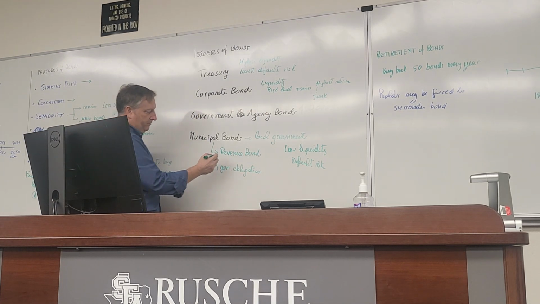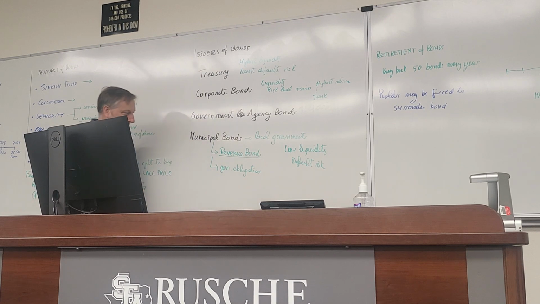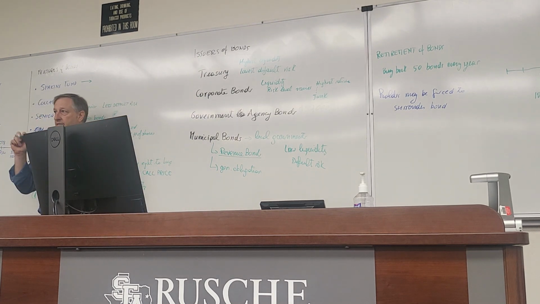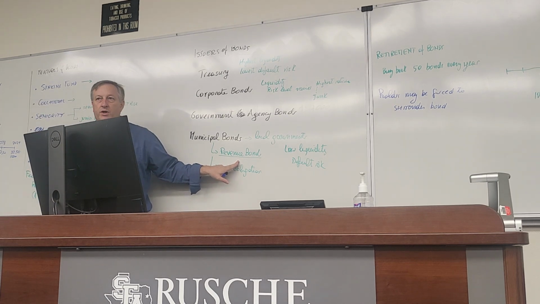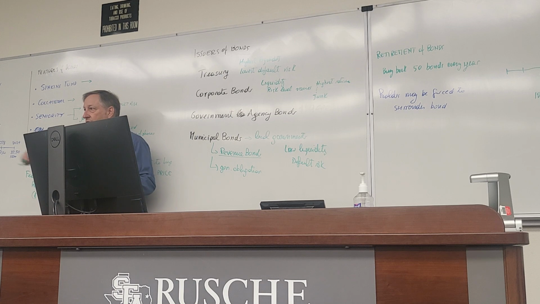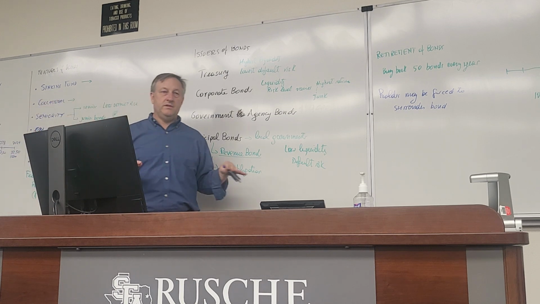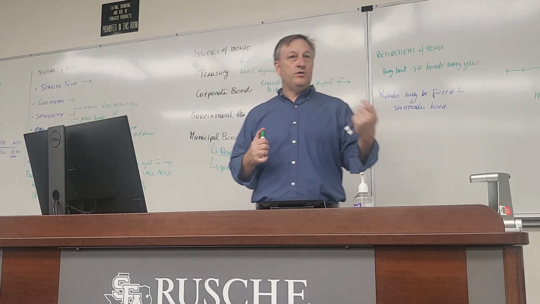Now, one thing that can mitigate default risk is revenue bonds. Revenue bonds have payments that are tied to a specific project. Especially if you go to the Northeast and the East Coast, there are a lot of tollways.